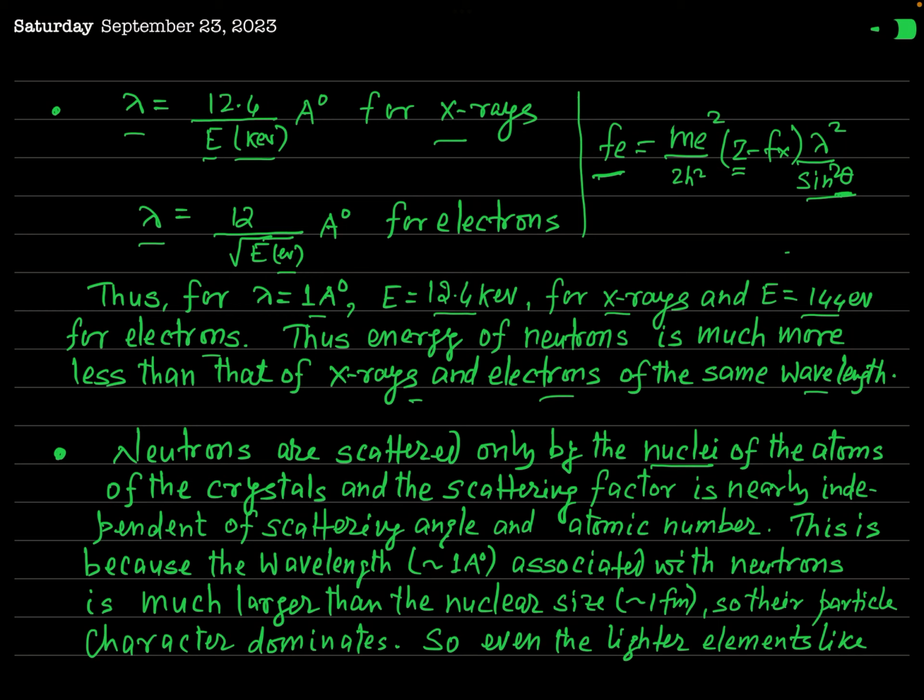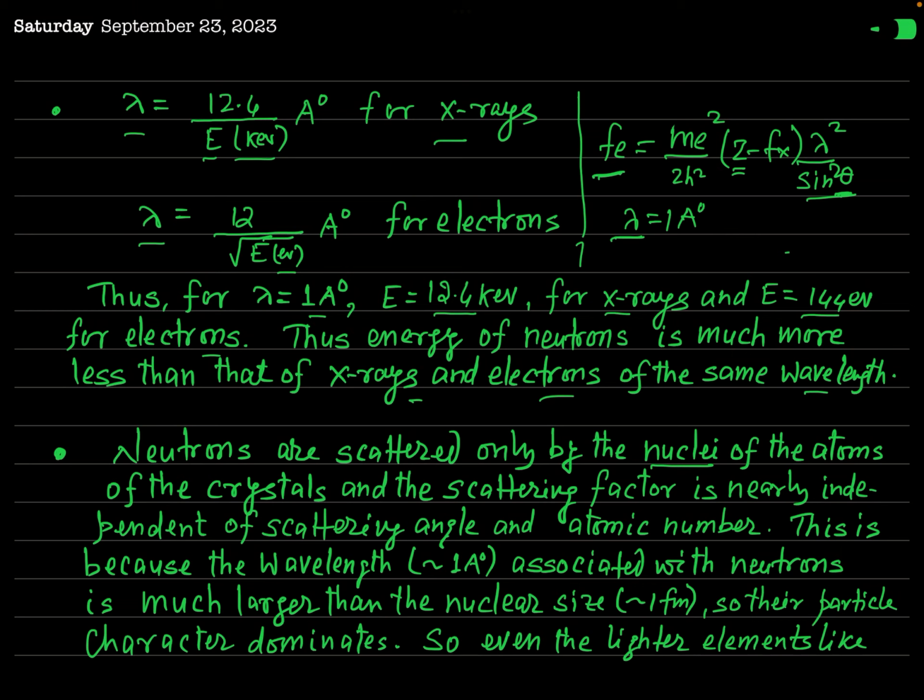But in this case, you know that neutron has a very small size. If we consider that our neutron used in the diffraction experiment has a wavelength of 1 angstrom, and the diffraction of neutron takes place by nuclei, it means the nucleus acts as a diffraction aperture for the diffraction of neutron.